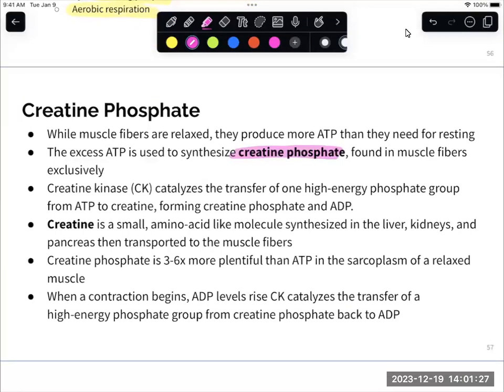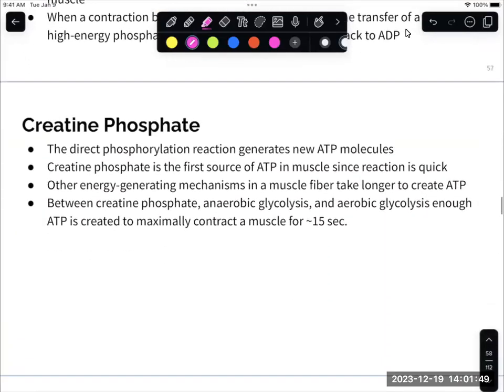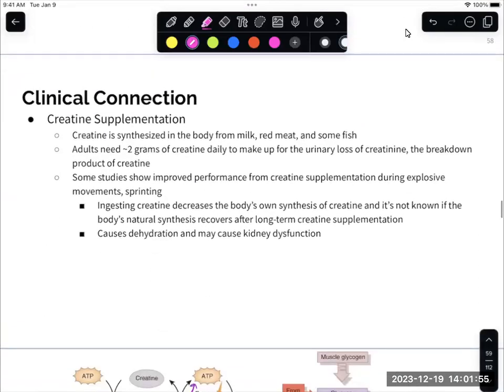We take that ATP, hydrolyze it, break it down to ADP plus phosphate, and attach that phosphate to creatine. The enzyme creatine kinase is the enzyme that helps make this happen. So again, it gives us about 15 seconds worth of energy.